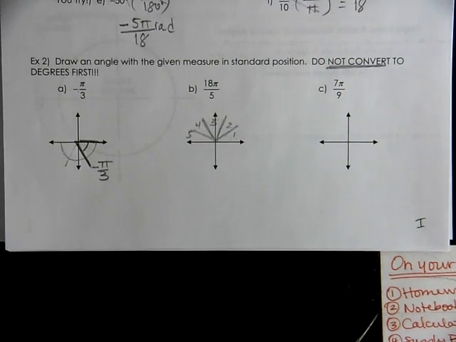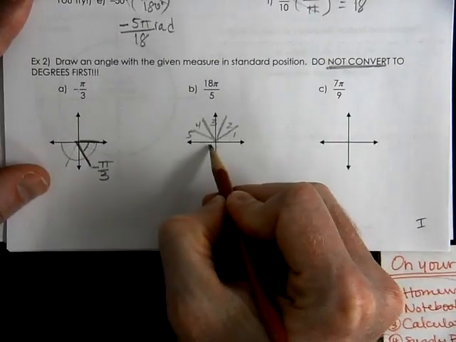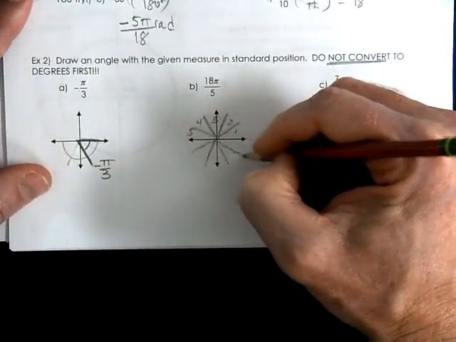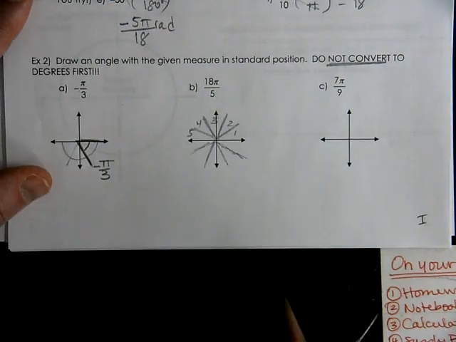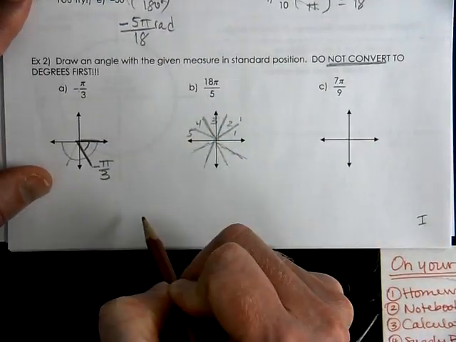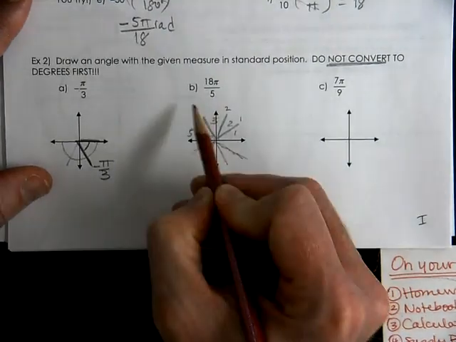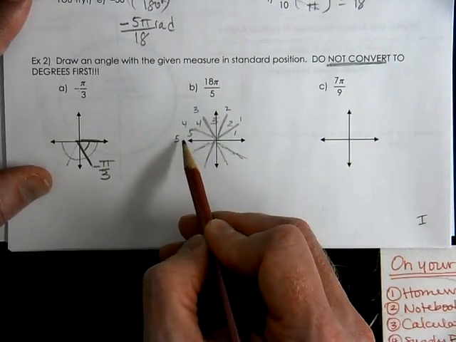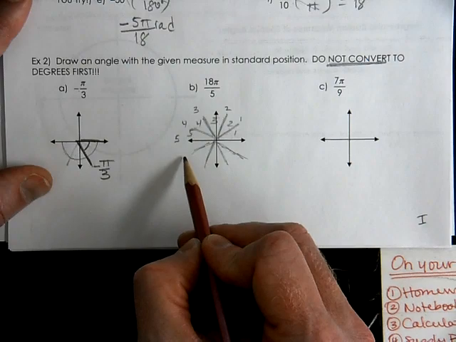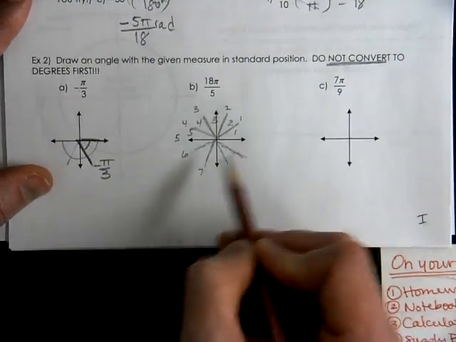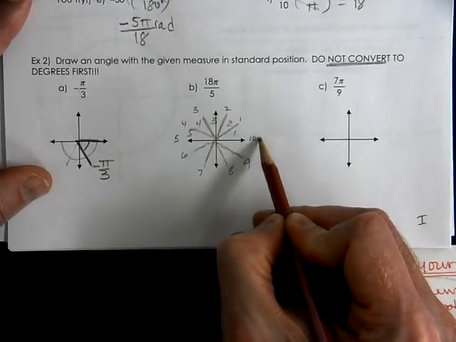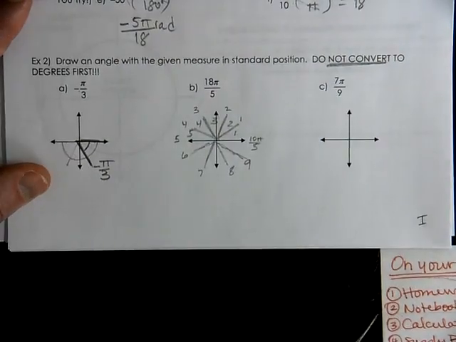Now, what gets tricky here is that we need to go more than pi. 18 over 5 is bigger than 1. So we need to do that again on that side. So this is going to be 1 pi over 5, 2 pi over 5, 3 pi over 5, 4 pi over 5. Of course, this is 5 pi over 5, which is 1 pi. 6 pi over 5, 7 of those bars, 8, 9 pi over 5, 10 pi over 5, which is how much?